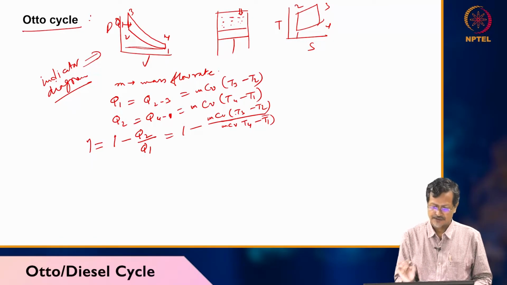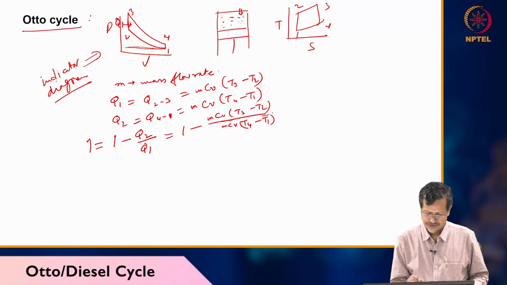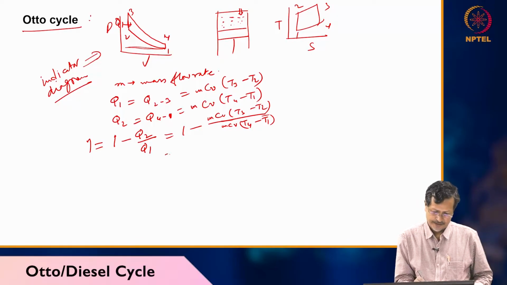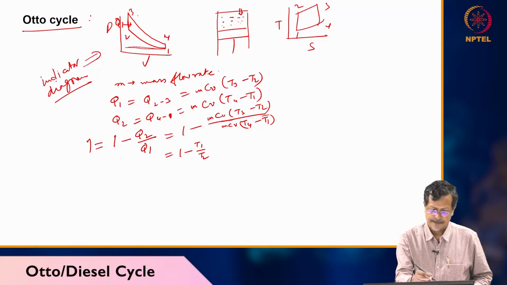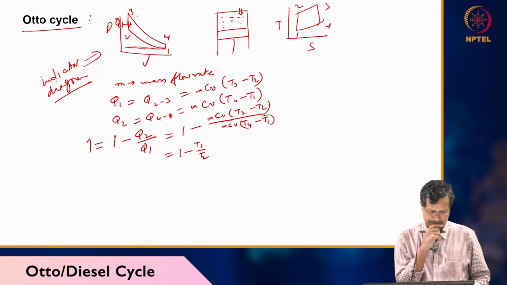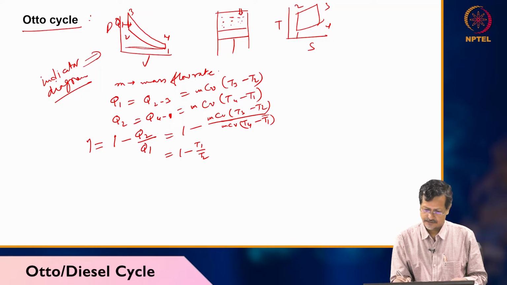Now mCV will vanish, being the same value. Equals 1 minus T1 by T2, T3 minus... wait, some mistake is done, T4 minus T1, some mistake happened.